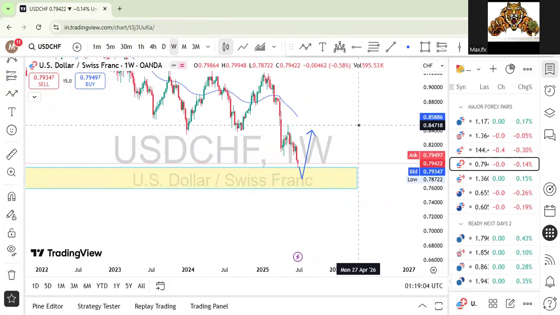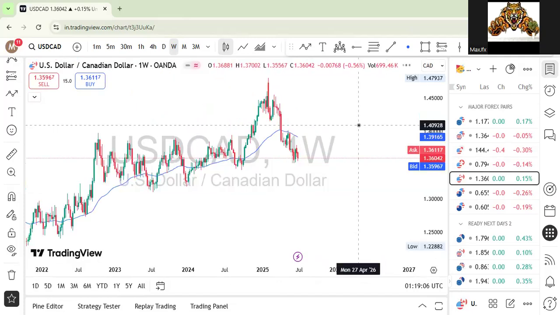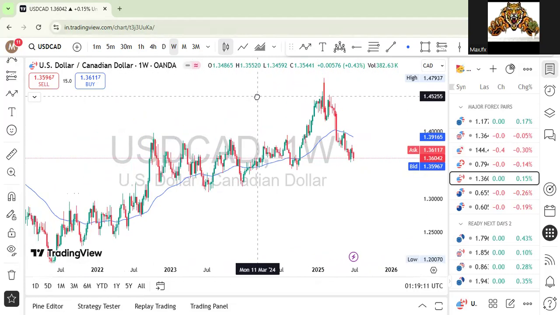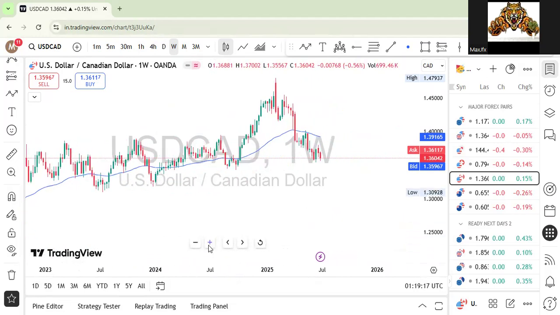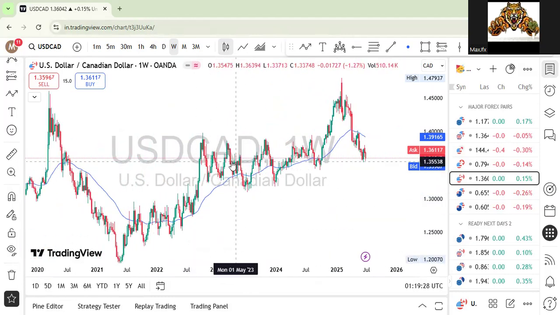Alright, so the next one is the USD CAD. With the USD CAD being bearish, which means we look for opportunities to buy. It means the CAD is very cheap, so you want to buy the CAD. So if you want to buy the CAD, you have to look for zones around this area.